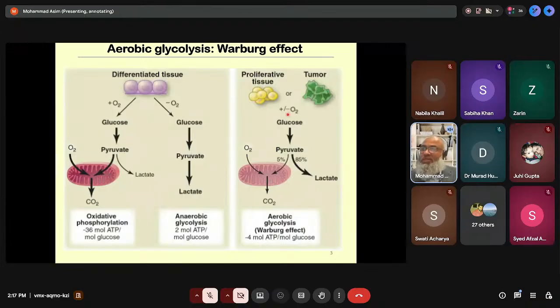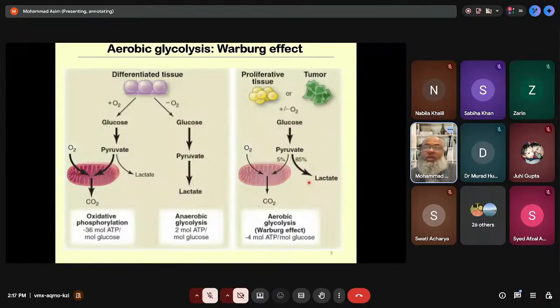So in fast-growing cells, especially cancer cells, very little pyruvate goes into mitochondria, and very little of it gives rise to ATP through oxidative phosphorylation, but the majority of it is still making a lot of lactate.